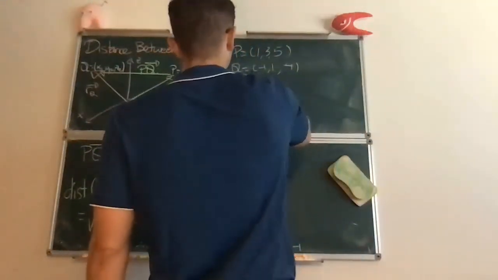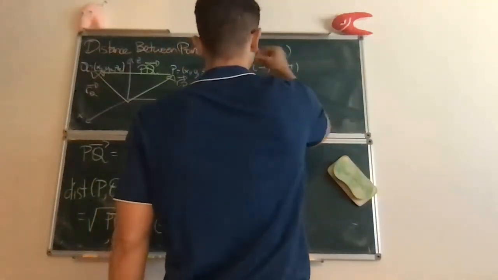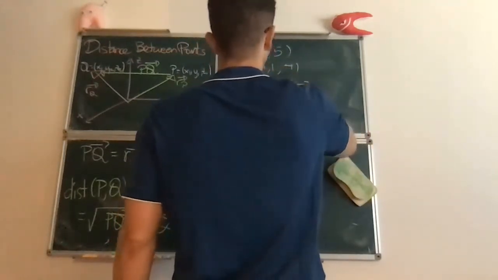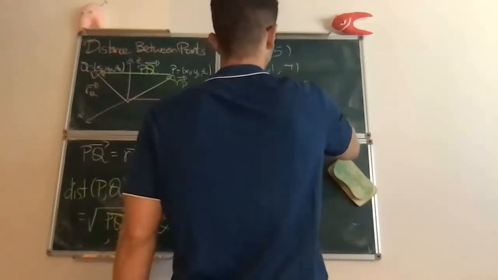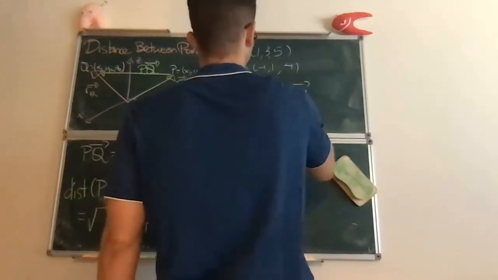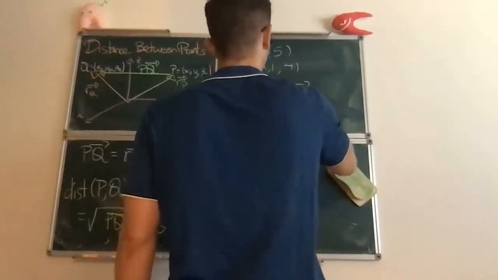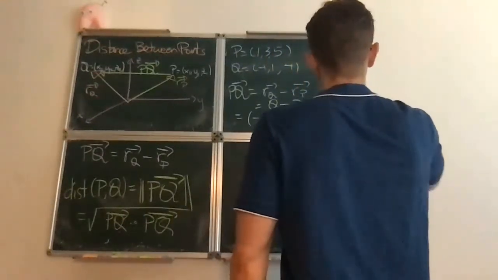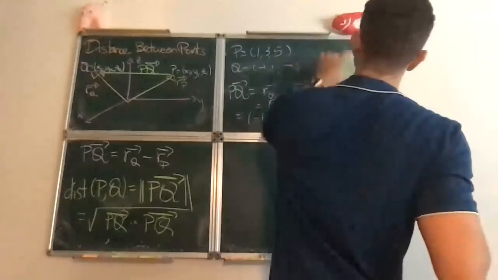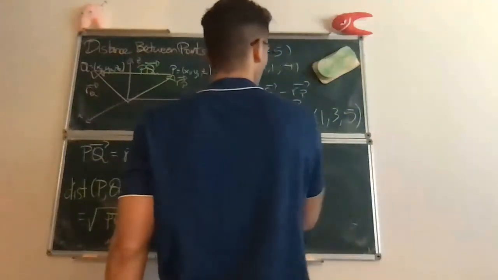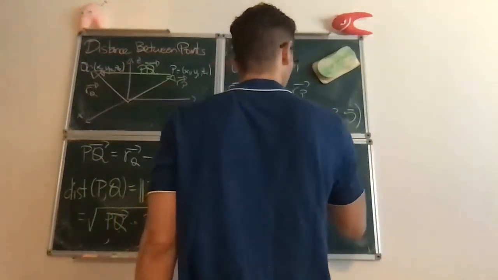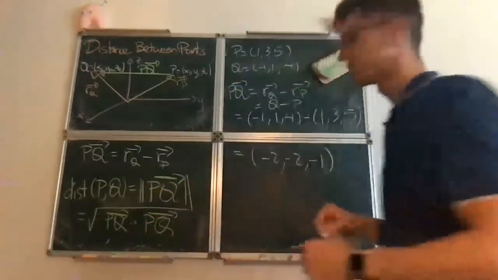So PQ is just the position vector of Q minus position vector of P, or really Q minus P. So it's negative 1, 1, 4 minus 1, 3, 5, which is just negative 2, negative 2, negative 1.